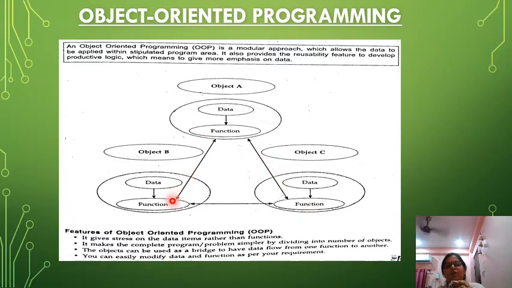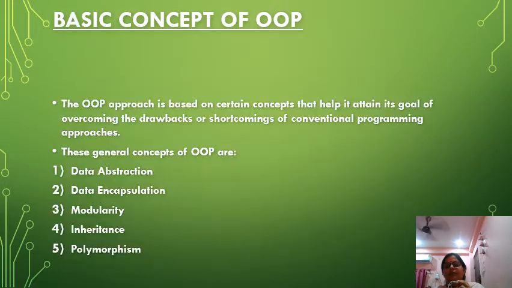But through the functions, all three objects are correlated with each other. The objects can be used as a bridge to have data flow from one function to another. This has been shown in this diagram. You can easily modify data and functions as per requirement. In this, modification is very easy.